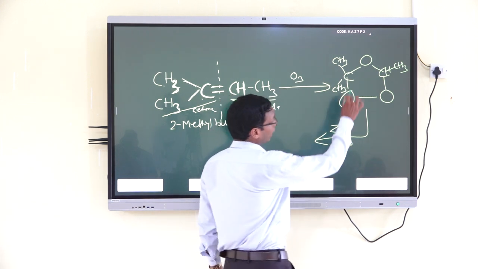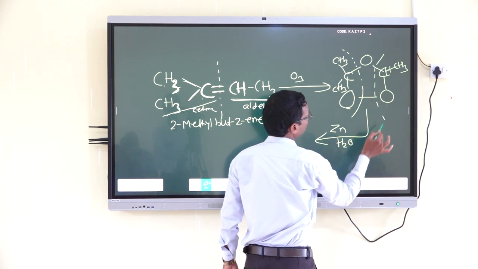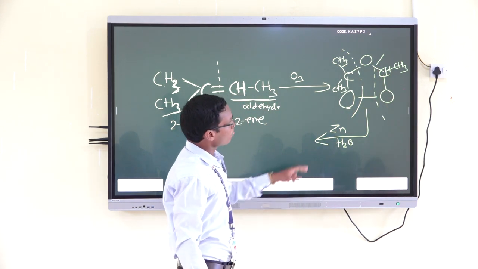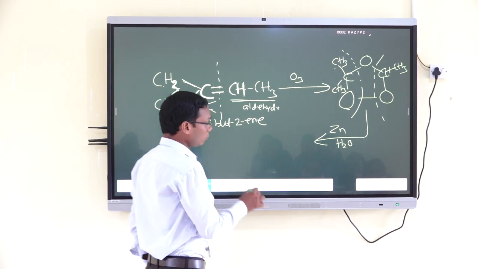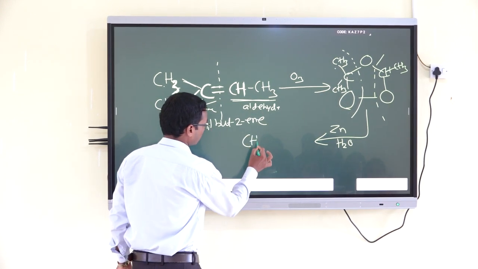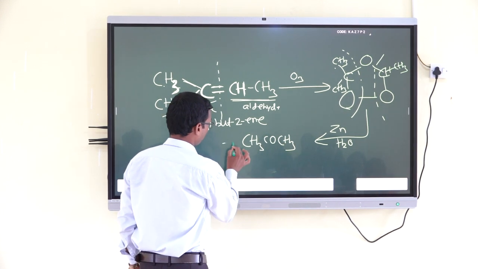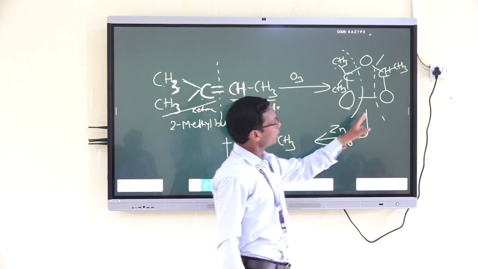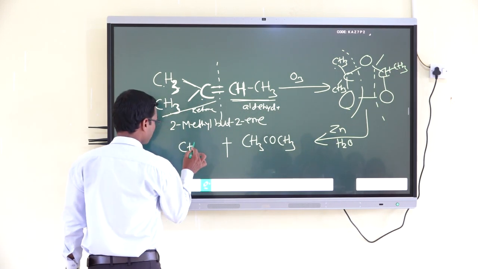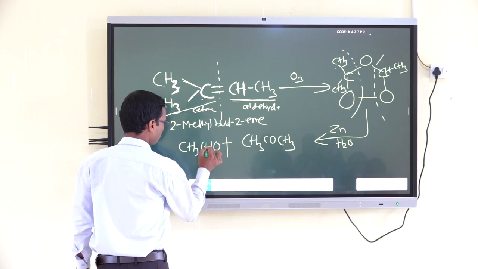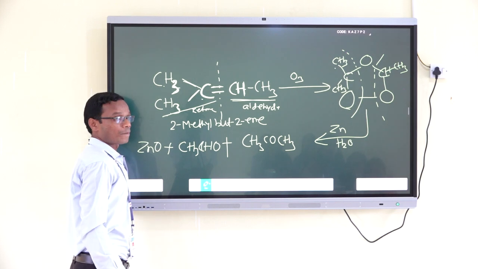What happened? Again this ozonide will break. So your first product will be CH3COCH3, plus the second product is CH3CHO, and the last one is ZnO.